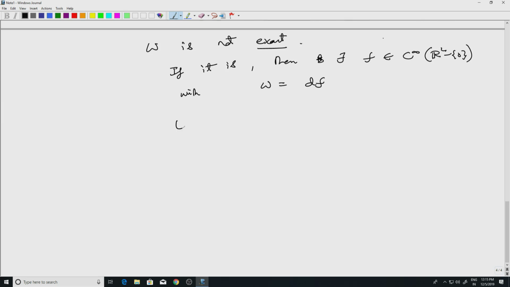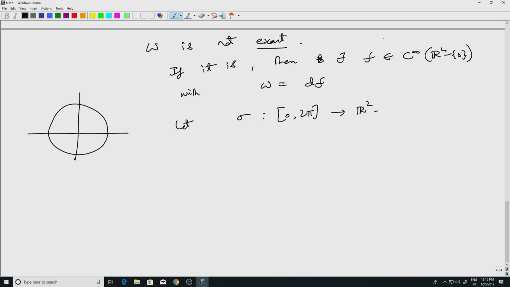So I look at this circle, the unit circle. Let sigma from 0 to 2 pi to R2 minus 0 be sigma t is cos t, sin t.